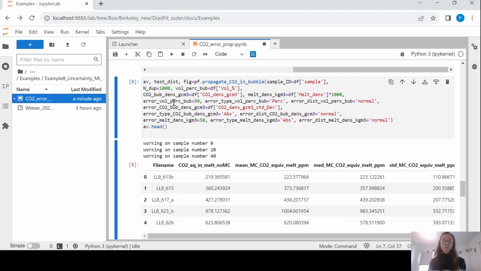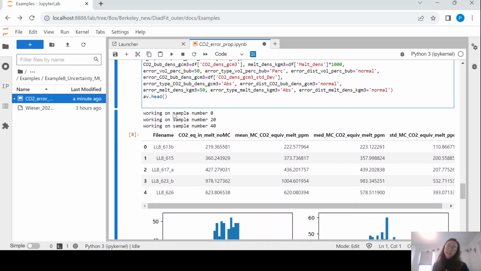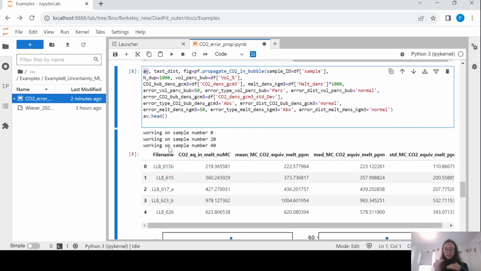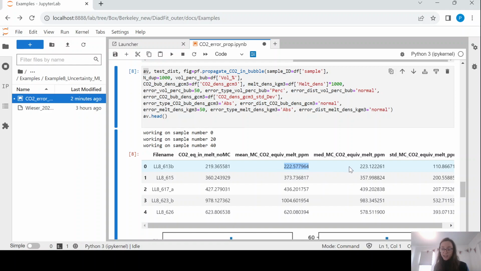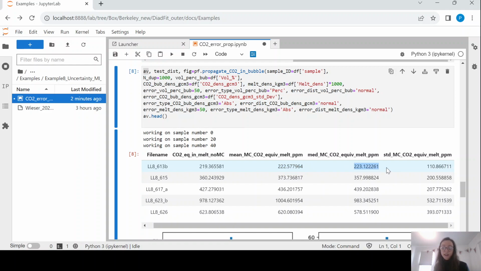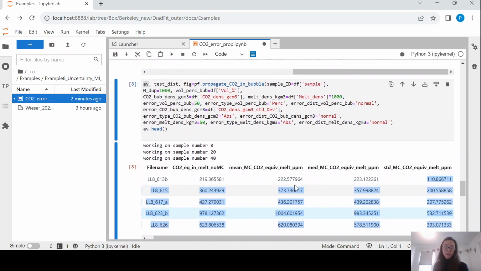And what this outputs is it outputs 3 things. So what average does is for each of those 1,000 simulations, it basically returns 1 row. So that row has the preferred value, not doing the Monte Carlo simulation. It has the mean of the Monte Carlo simulation, it has the median of the Monte Carlo simulation, and it has the standard deviation of the Monte Carlo simulation.